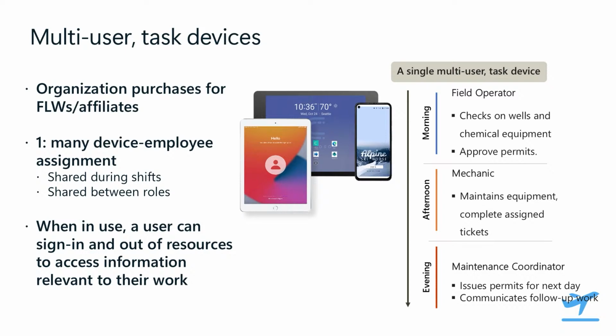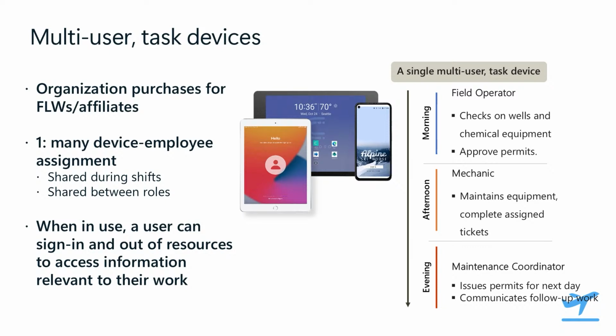Next, we have multi-user task devices. These devices are again purchased by the organization. However, in this case, instead of one-on-one, we have a one-to-many assignment between the devices and the frontline workers. So multiple people may be reusing the same device throughout a shift, and the device might be handed off between different roles in the organization.